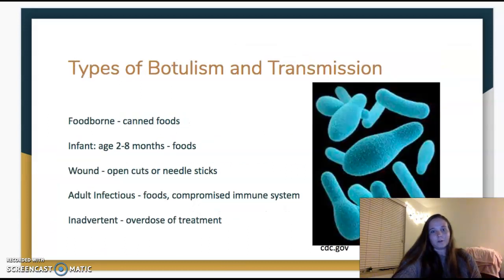There are different types of botulism based on how you get it. Foodborne, you generally get it from canned foods in an anaerobic environment. Infant botulism is from age 2 to 8 months, generally consumed through foods, honey. Other sources aren't known. Wound botulism, open cuts have been recorded, but it's generally needle sticks, unsanitary, or whatever you're sticking into yourself.